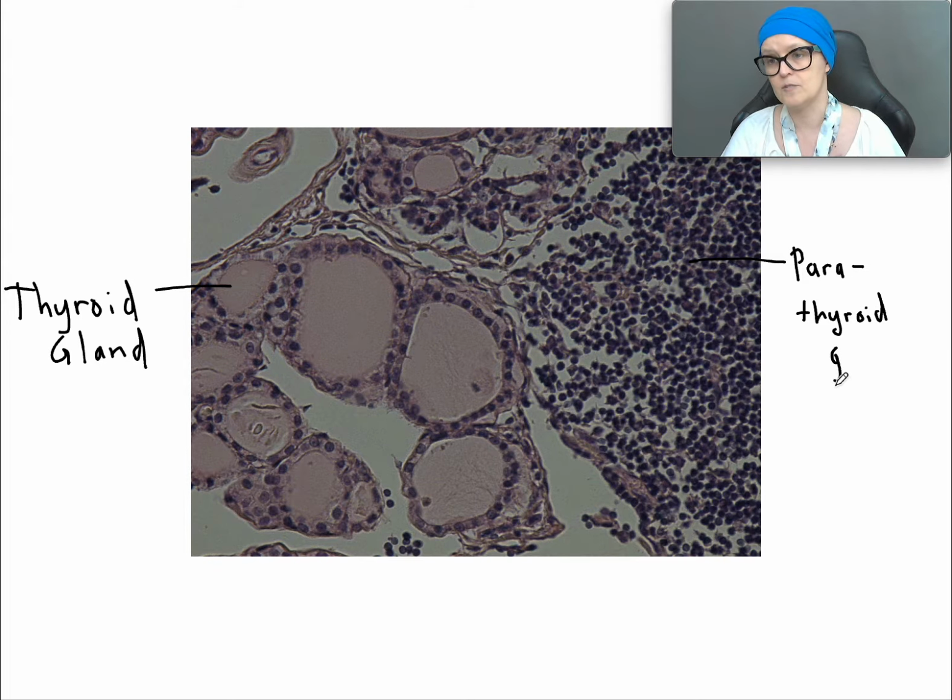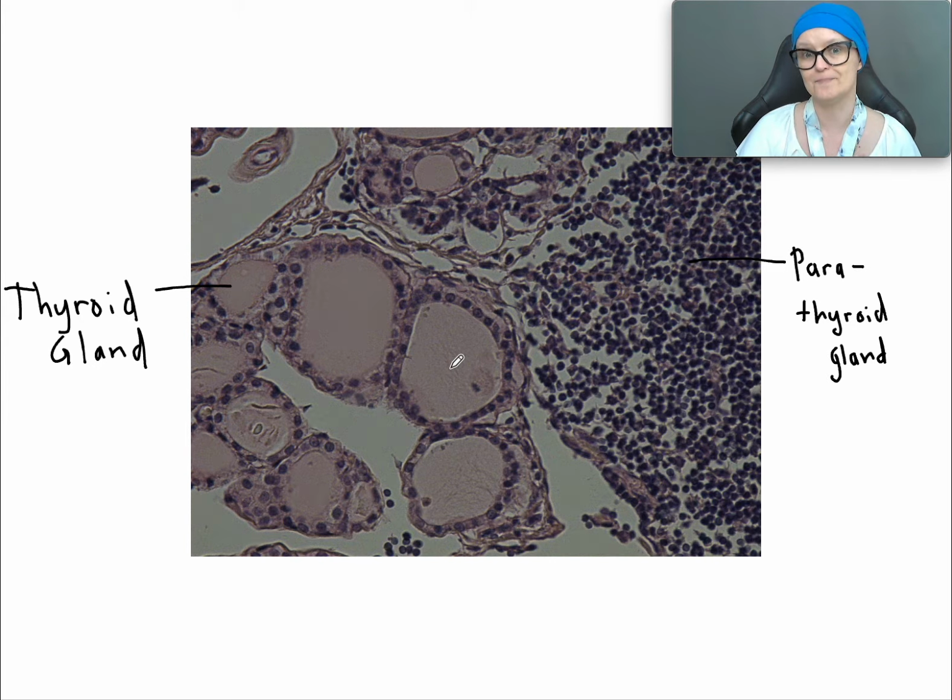Now, the parathyroid gland looks exactly like a bunch of other glands we're going to look at, except it's touching the thyroid. So they won't ask parathyroid gland unless the thyroid gland is showing, because otherwise it's difficult to tell.